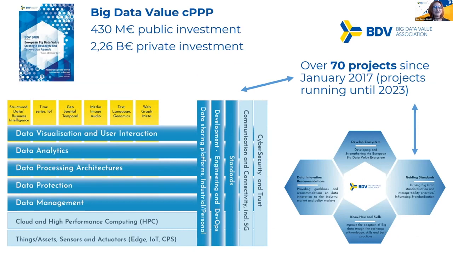This is a very old slide about our previous partnership, but it helps a lot those who don't know where we are coming from and what areas we cover. If you look here at the stack, in particular the dark blue, if we can call it dark, those are the areas that have been our core for many years. And you see here data management, data protection, data processing architectures, analytics, visualization, and user interaction.